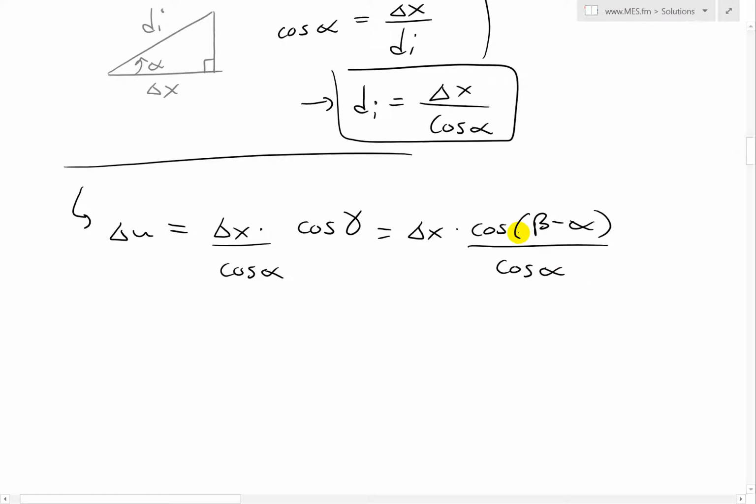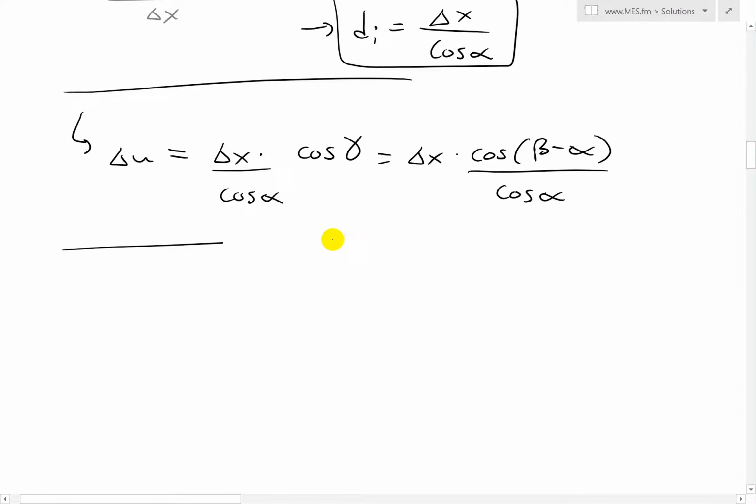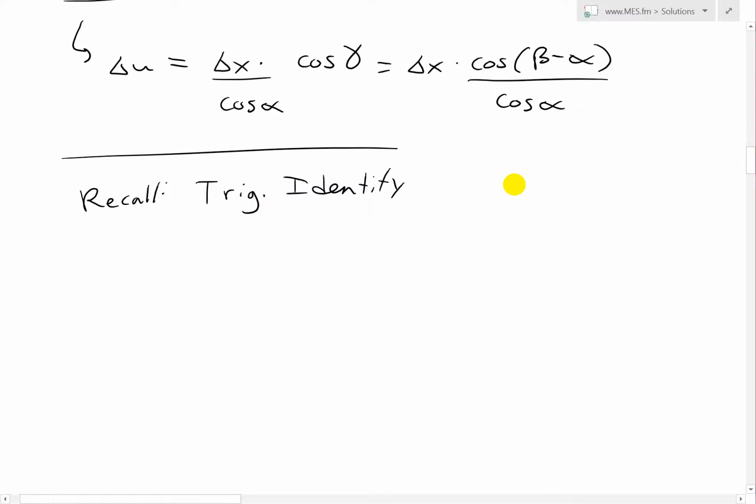And now we can simplify this cosine of beta minus alpha by using the trig identity, which I covered in my earlier video. Recall the trig identity, and you can see that in the video links below. I put a link there. The cosine of x plus or minus y is equal to cosine x cosine y, minus or plus, sine x sine y.